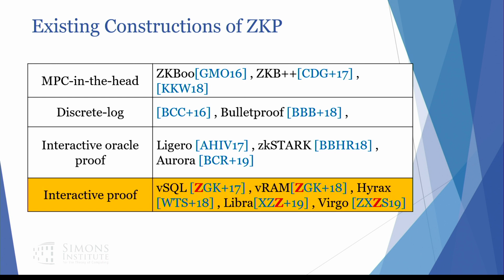And my research is mainly focusing on this line of work, constructing efficient zero-knowledge proofs based on the so-called interactive proofs. Okay. And so today I'm going to present some of our recent progress along this line, and just to give some features ahead of time.